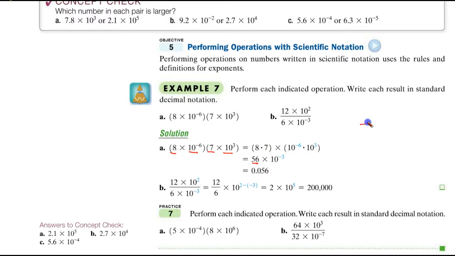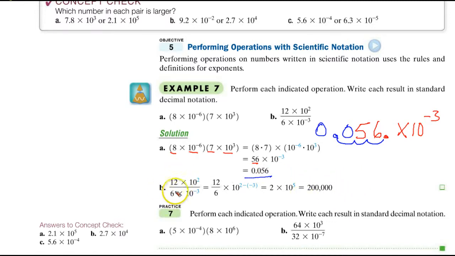Now you have 5, 6, our decimal is there, times 10 to the negative 3. Well, how many places do we have to move that decimal? It says here 3. So we have 2 places to move it. We're going to need 1 zero so that we can move it 3 places and then add another. Okay? And that's what we get.